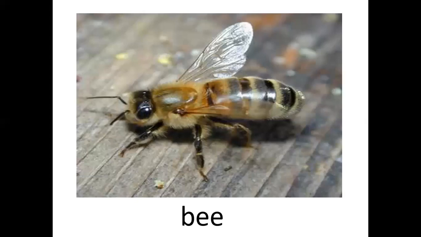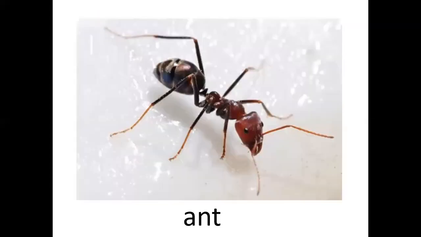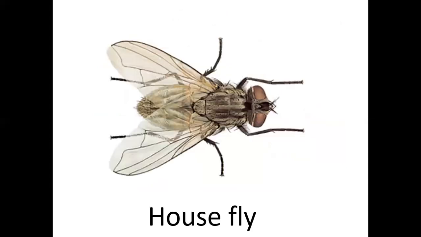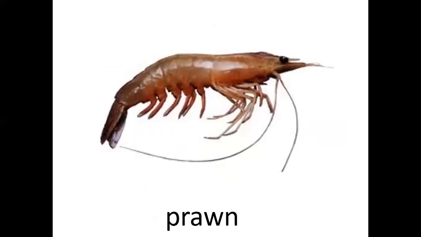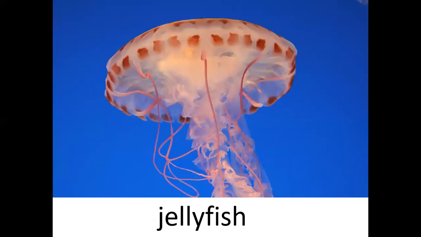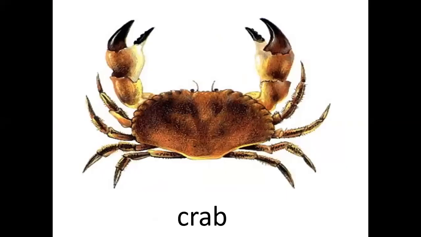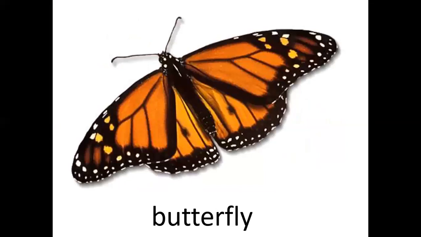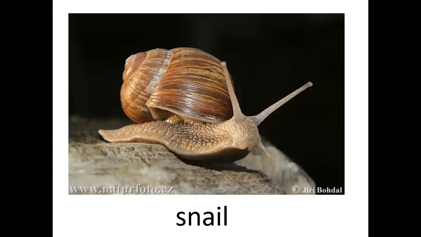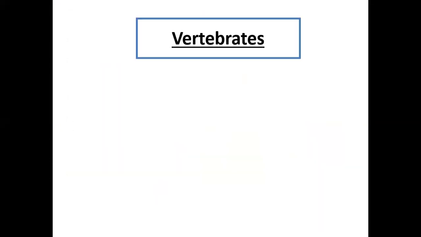Like most of the insects, like bees, for example, and ants, cockroaches, houseflies, some of the sea creatures like the prawn, the jellyfish, crab, butterfly, and octopus, snail, worm, starfish. So all of those things do not have a vertebral column, so we call them invertebrates.